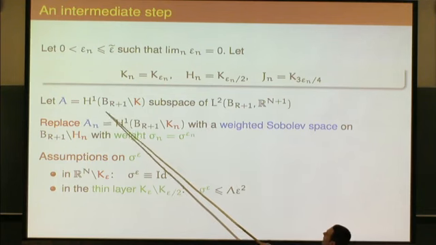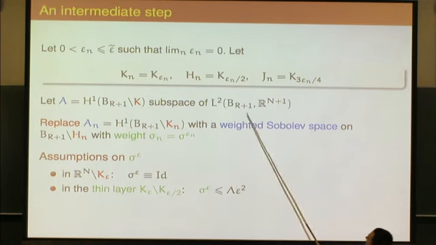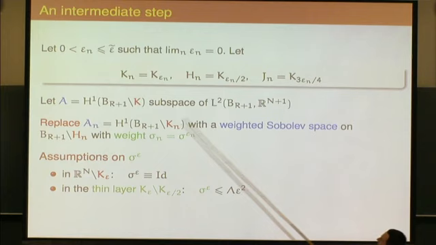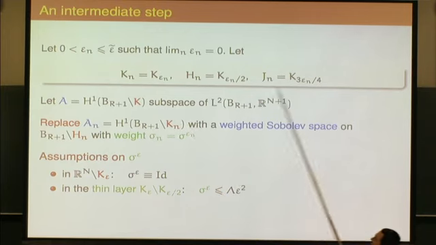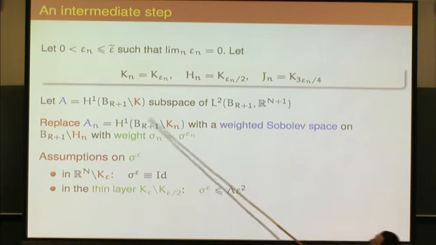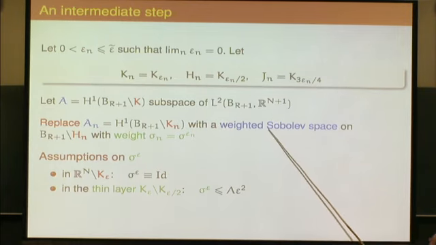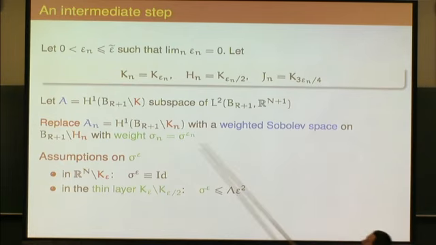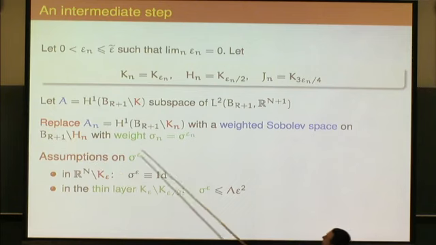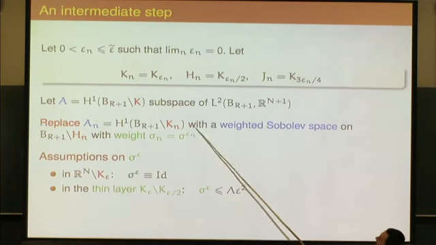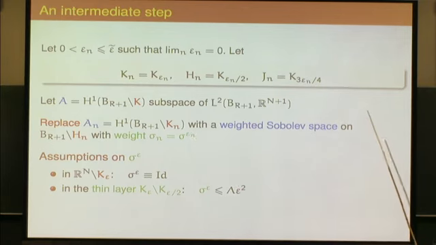So A is the usual subspace of L2, which is H1 of B_R plus 1 minus K. And then instead of working with Sobolev spaces like this as before, I replace it with a weighted Sobolev space on this set with a suitable weight sigma_n, which is related to the coefficient epsilon_n. And of course, I need to choose the coefficient carefully.